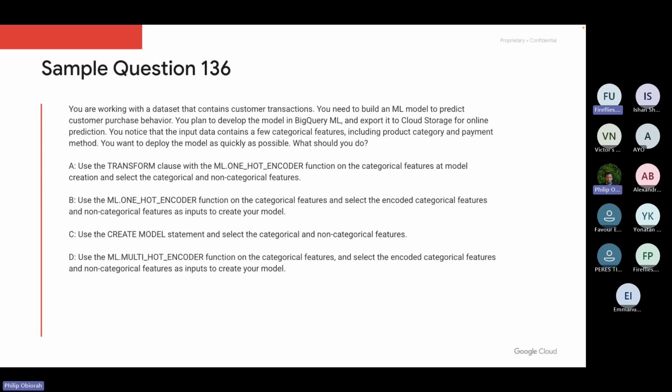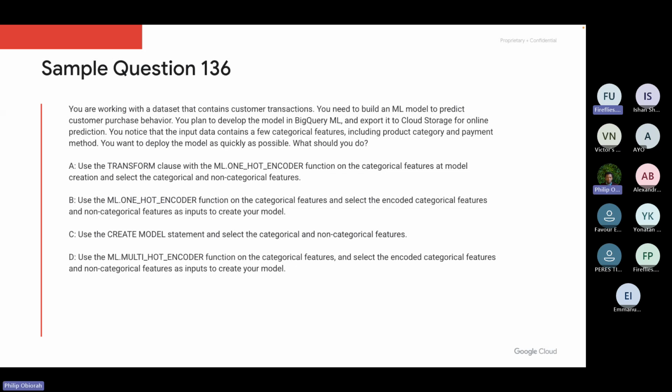You have categorical features, product category and payment method. Now the challenge here is portability. If you manually process the data using SQL before feeding it into the model, that's option B. That means your model expects pre-processed inputs.